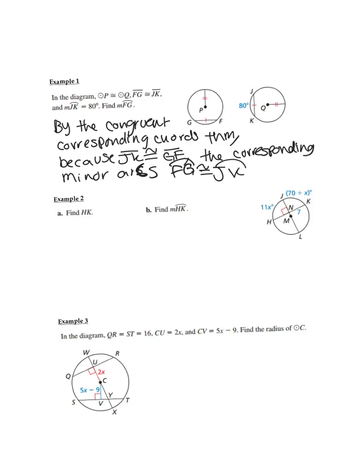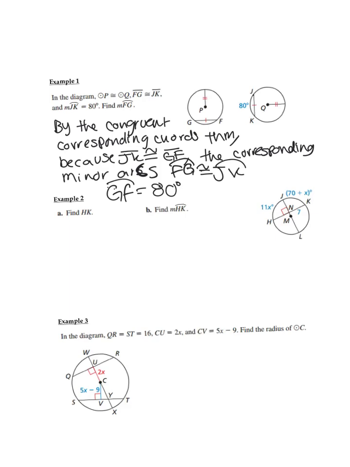Therefore, if the two chords are congruent, and arc JK is 80 degrees, then arc GF must also be 80 degrees.